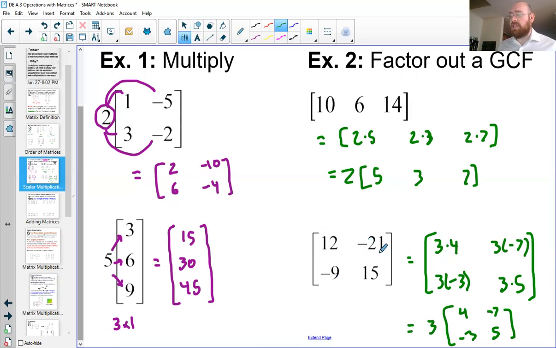So 12, -21, -9, 15. If some of us said 12, -21, and some of us said 12, -9, we'd end up with different matrices when we're really trying to talk about the same thing. So conventionally, we just read like we would in English, all from left to right in the first row, left to right in the second row, and so on for the entirety of the matrix.